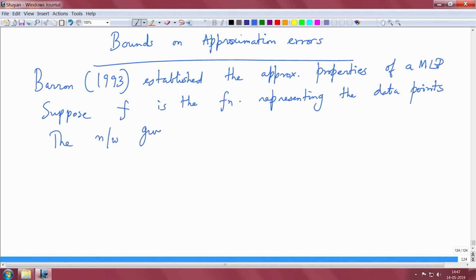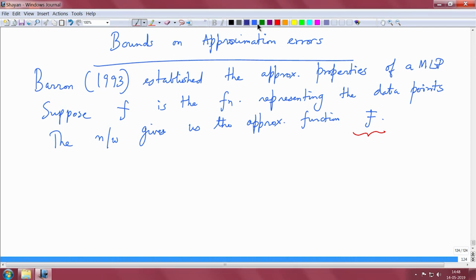The network gives us the approximating function, call it capital F. Now when the network is exposed to test data, the network function, which is this approximating function capital F, acts as an estimator of the new points of the target function, right.